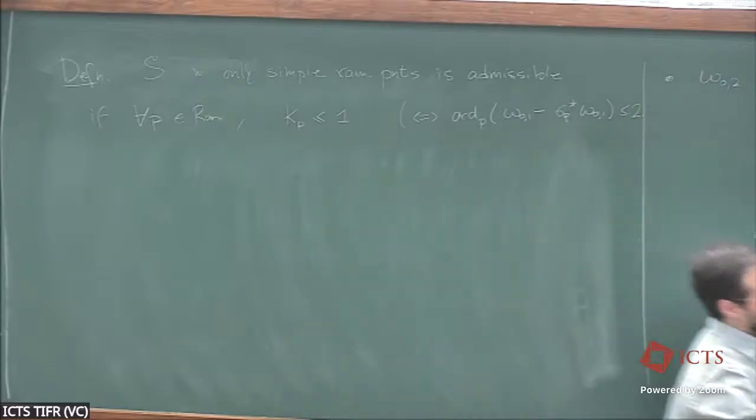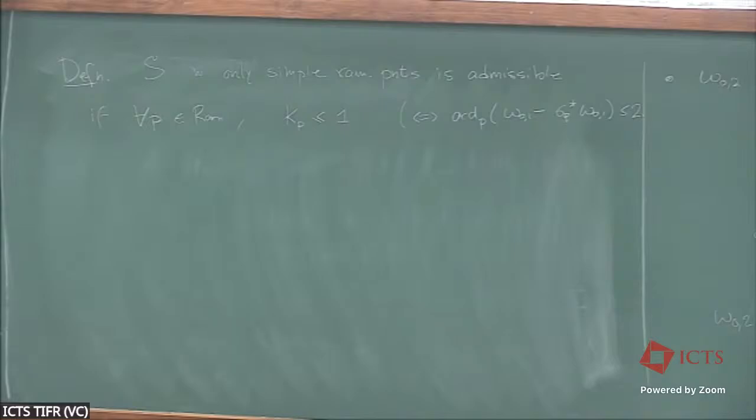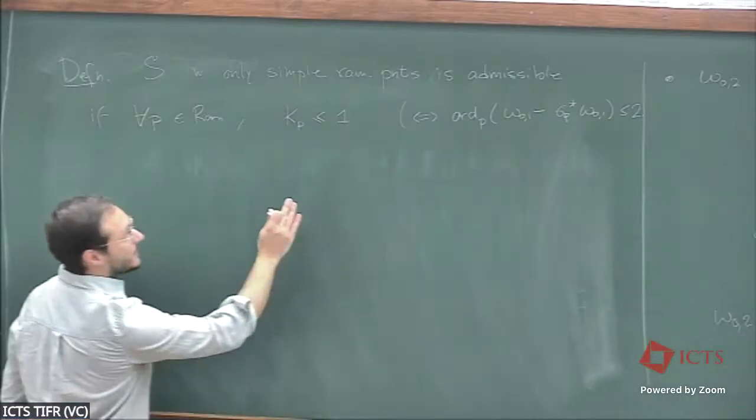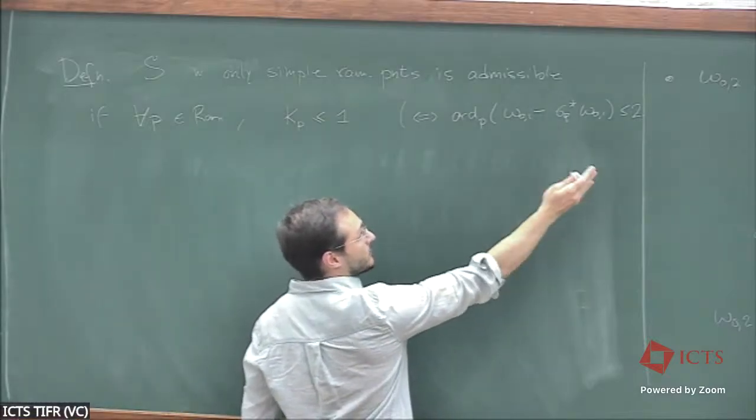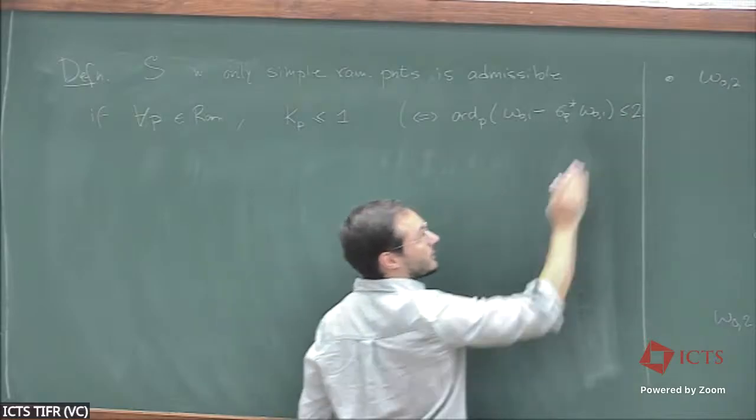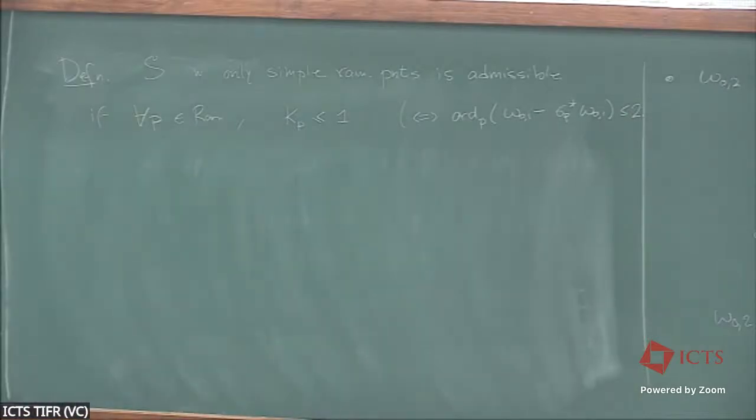This 2 is coming from the fact that here I double the index, but nothing crazy. So essentially what I want is that omega 0,1 has either zeros or poles, but the zeros are not too high in order.